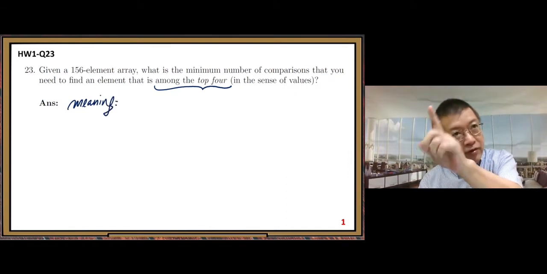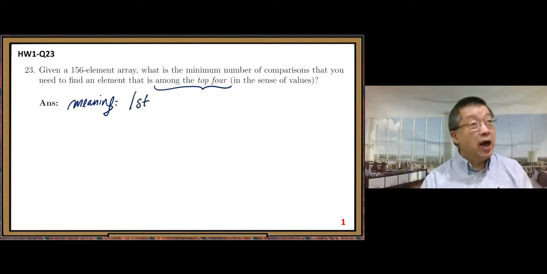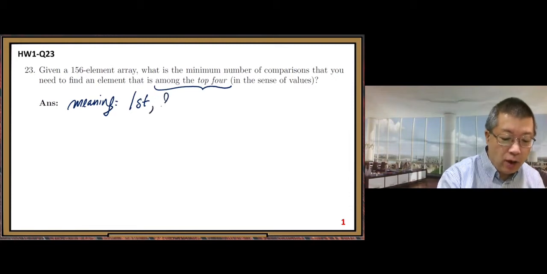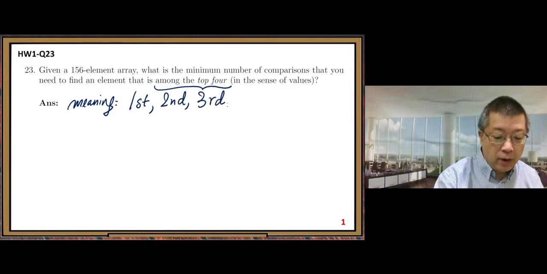The meaning is this: among top 4. First largest, is that among top 4? Yes, first, definitely among top 4. Second, among top 4. Third, among top 4.